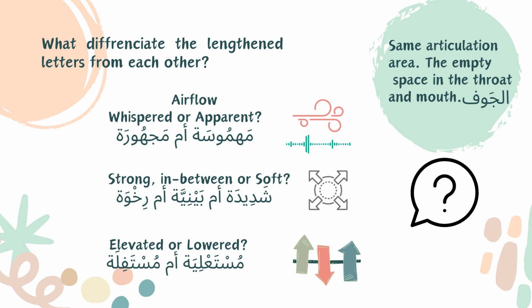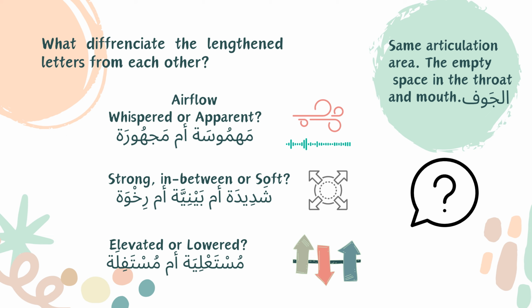Does it go up and strike the upper palate? Is it elevated or is it lowered? Are these letters huruf musta'liya am mustafila? Do they have the same characteristics or does each one differ?